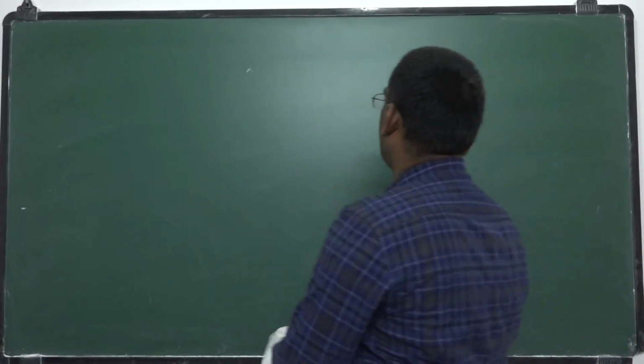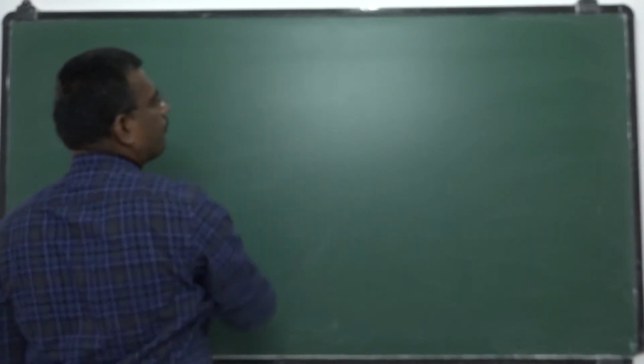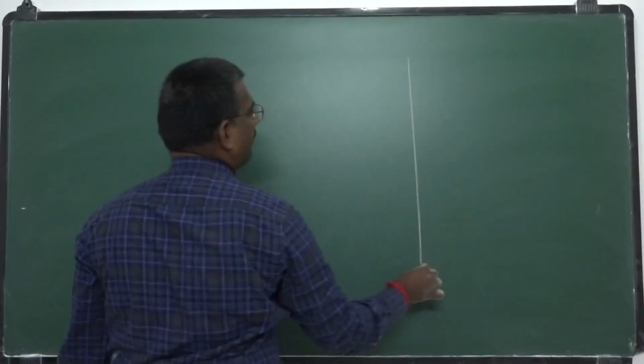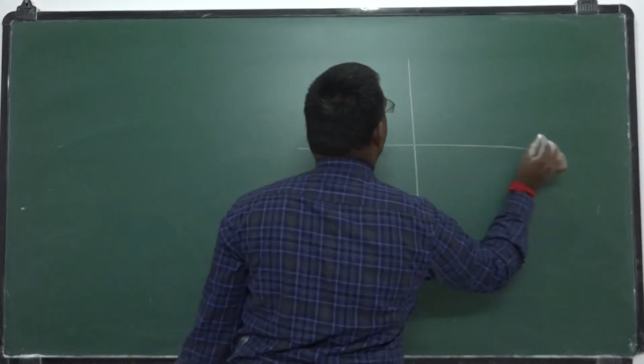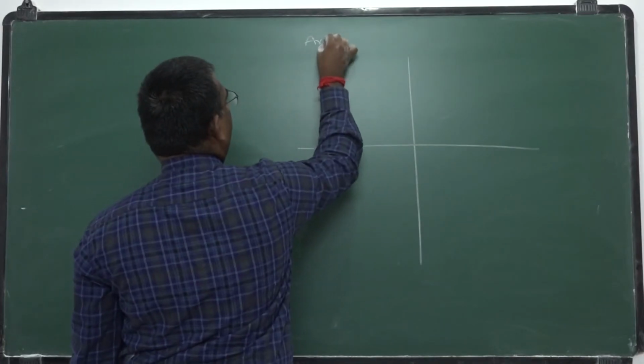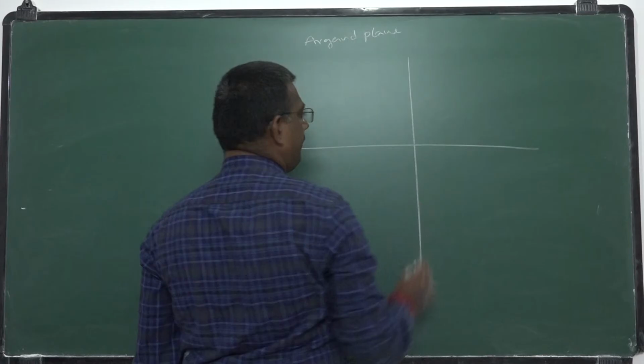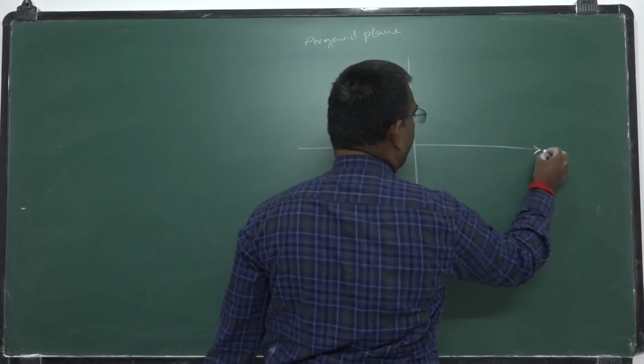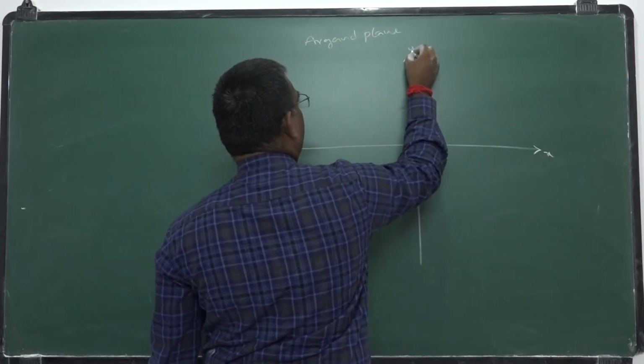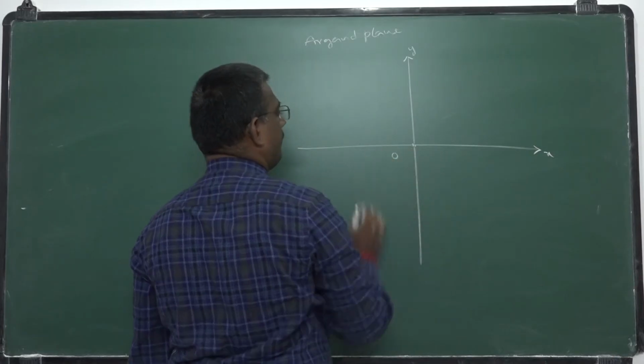Very simple. I will explain once again. Suppose I take the Argand plane. This is the x-axis, the real axis, the y-axis is the imaginary axis, and the point of intersection is the origin.